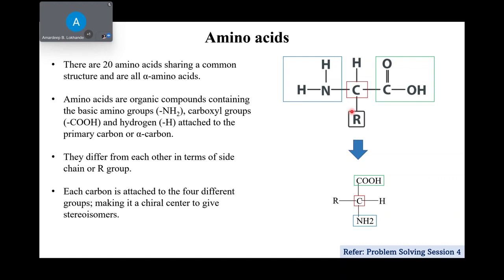Or, for things destined for apoptosis, they have to be bound into such vacuoles or pits, and then these pits bring them into the lysosomes to further initiate the disruption. All these and several other functions of proteins were discussed in problem solving session 4, and you can go back and refer to those slides.